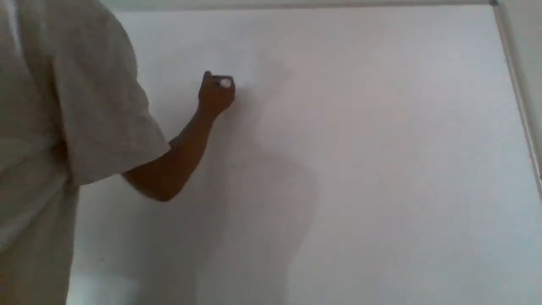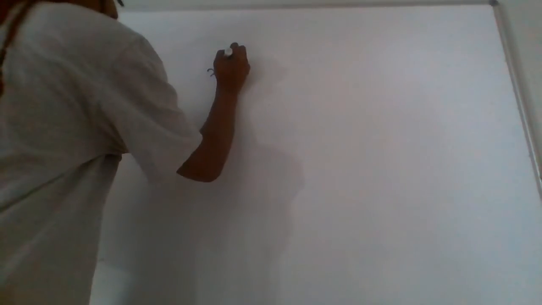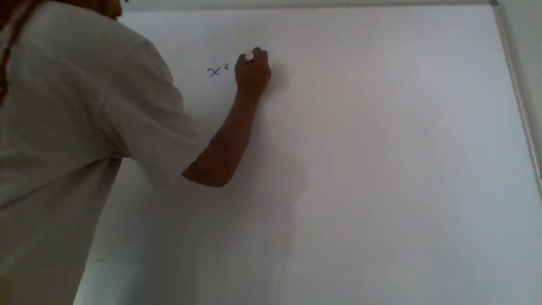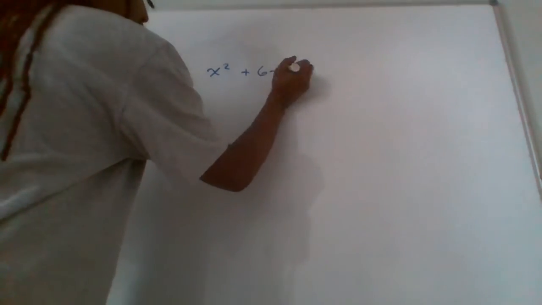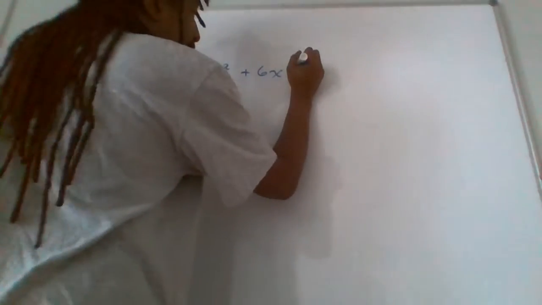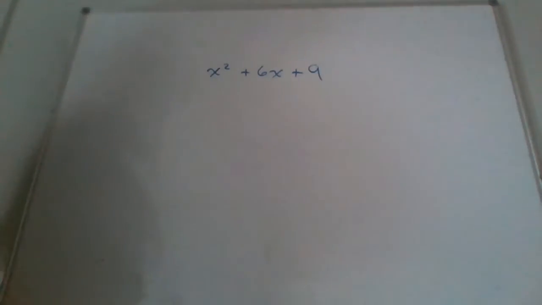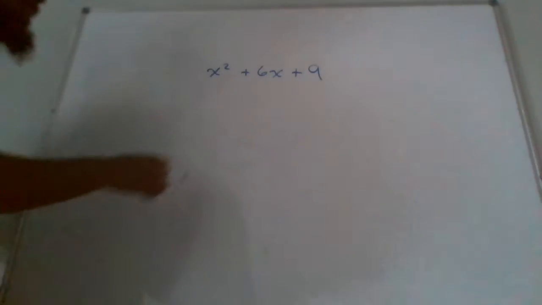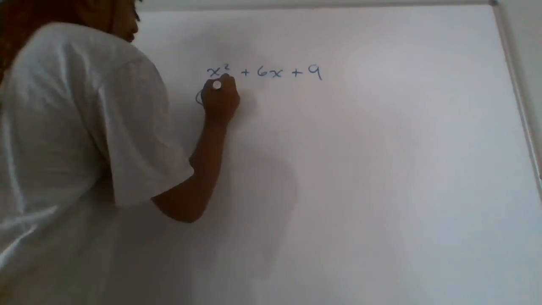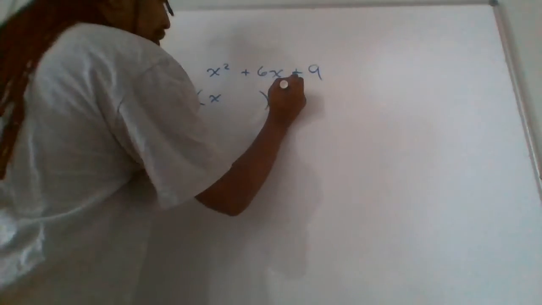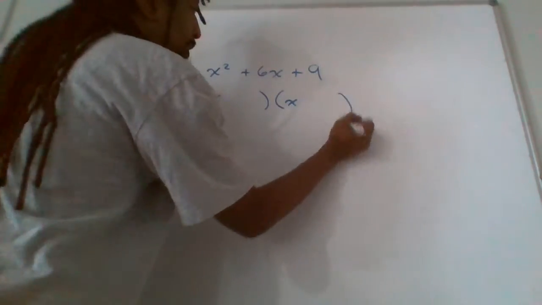So anyway, completing the square, right? Let's say we have something like x squared plus 6x plus 9. Now, we all know how to factor. So we're going to get an x here, an x here.